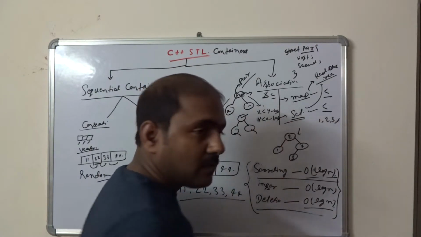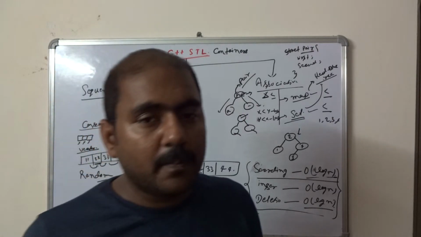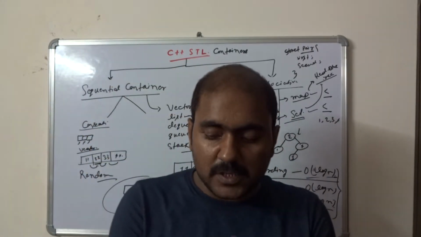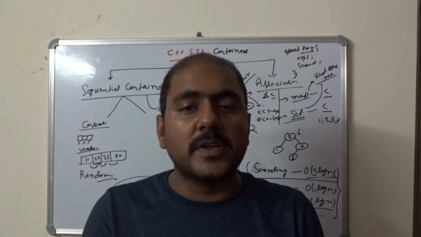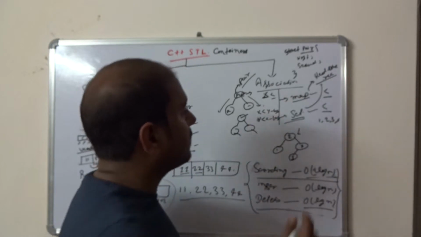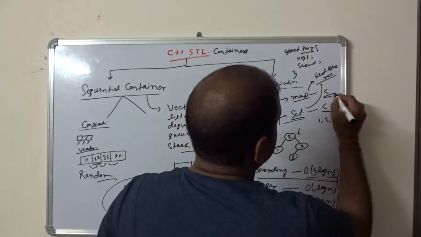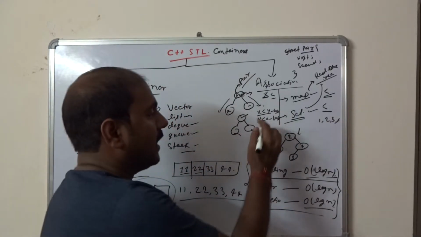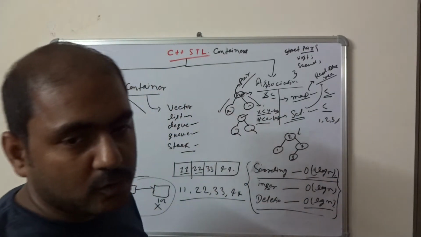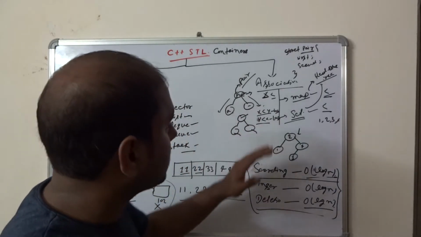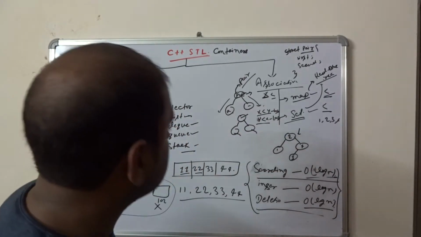It means x and y are the same. So how does the map find the duplicate element when inserting? The map has the comparator of less than. From the less than, it checks if x is less than y and y is also less than x, that means it is equal. This is the brief discussion about the map and set.